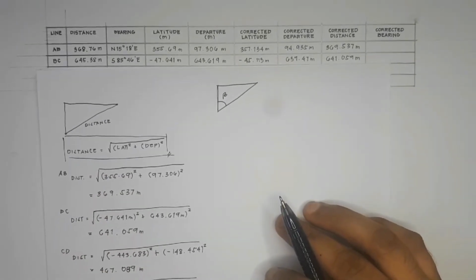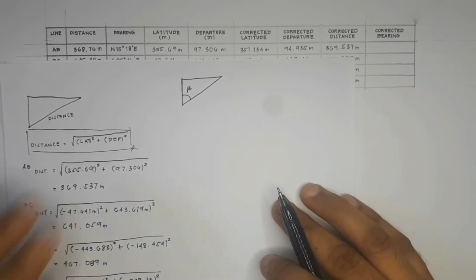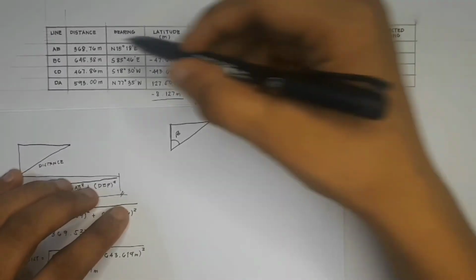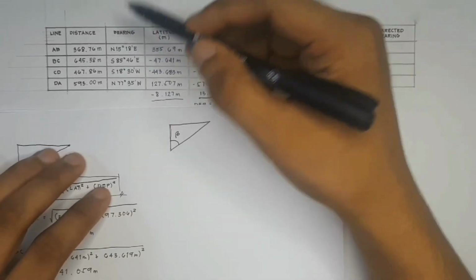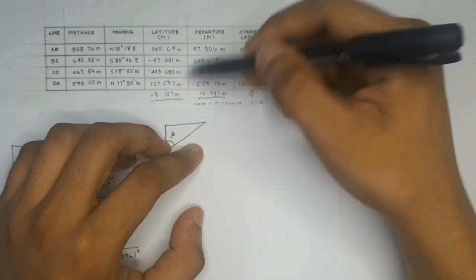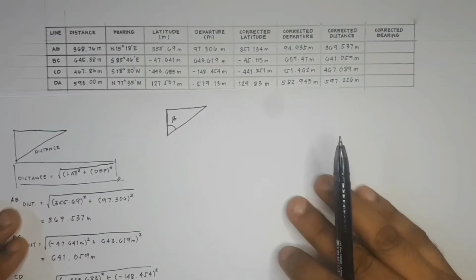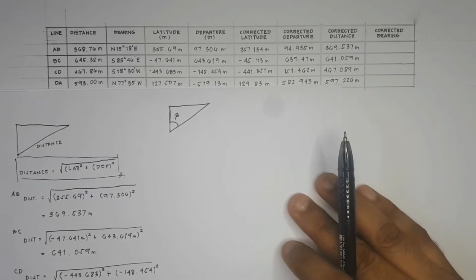So we will move on now to the computing of our corrected bearing. So our bearing here has been changed since we now have different values for our latitude and departure. So how are we going to compute for our bearing?